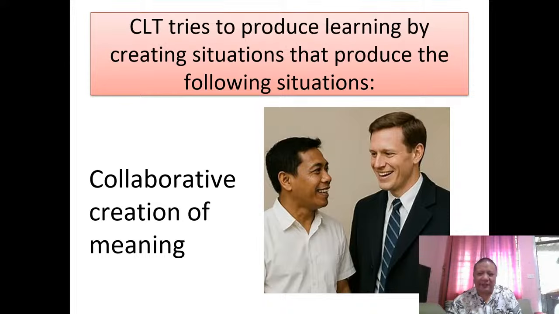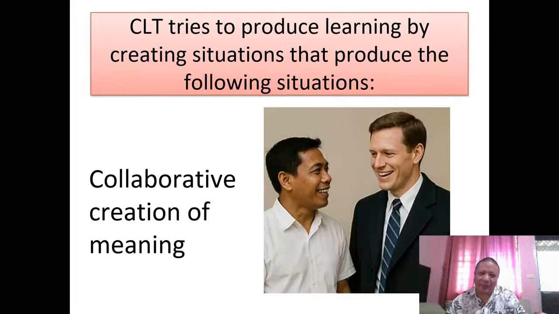Okay? CLT tries to produce learning by creating situations that produce the following situations. Collaborative creation of meaning. You are all able to derive meaning from the actual conversation. It's actually meaningful for you. Unlike in audiolingualism, where you have a scripted dialogue, that's not really meaningful to you.